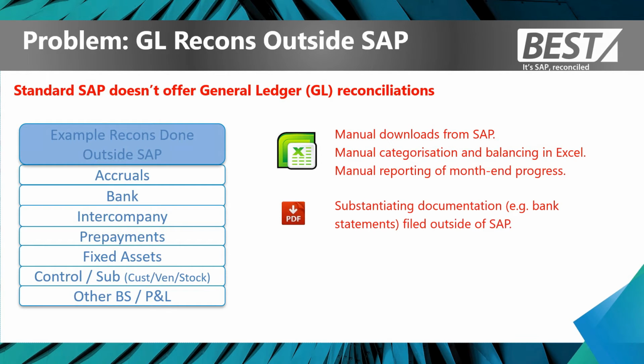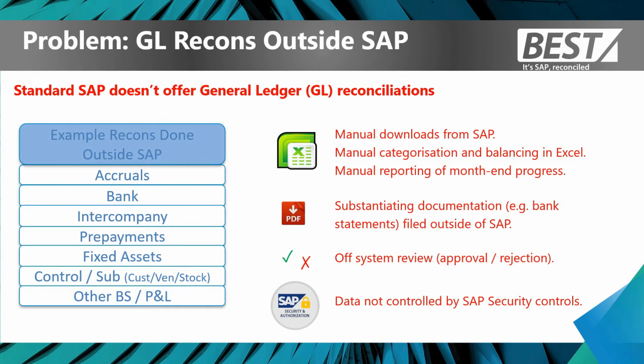Supporting documentation such as bank statements needs to be filed outside of SAP. Reviews or approvals of reconciliations are not recorded in SAP or recorded somewhere outside of SAP. And finally, the financial data that has been extracted from SAP is now not controlled by the SAP authorizations and access control mechanisms.